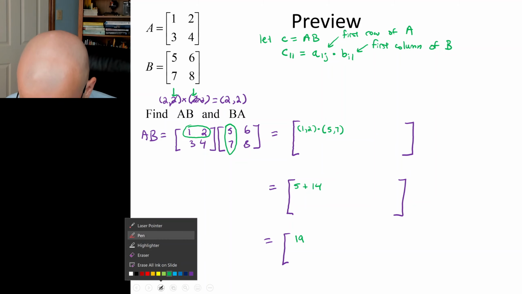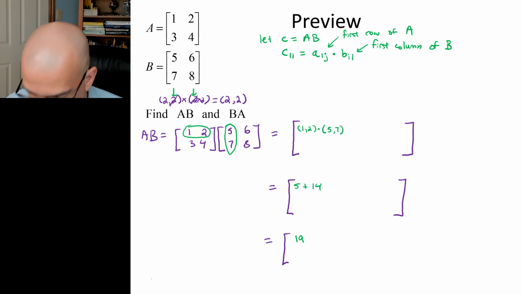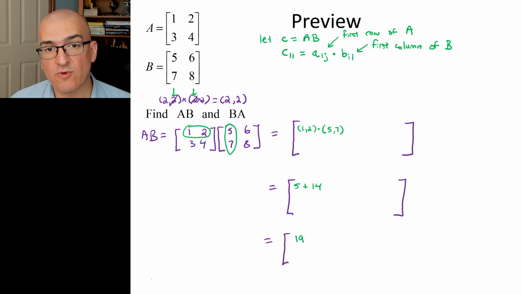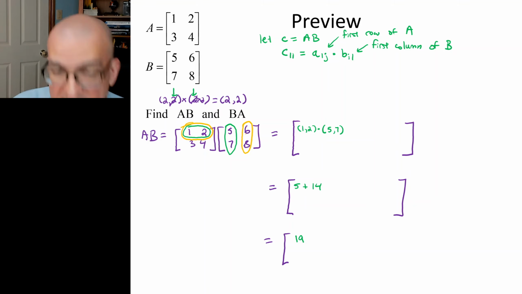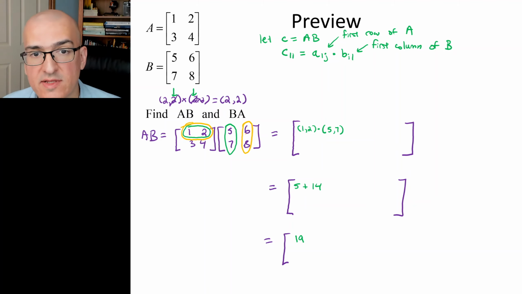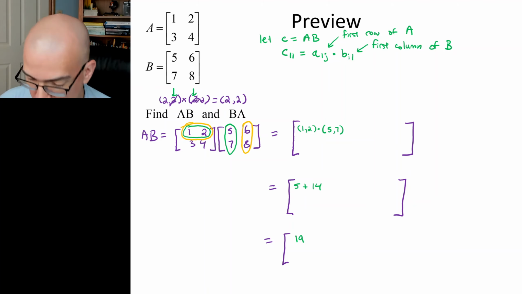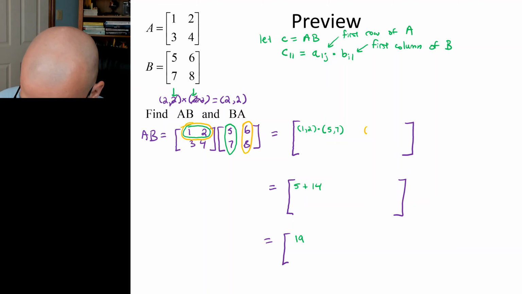Now the second element, get another color. I'm going to take that first row, circle it, and now I'm going to take the dot product of that with the second column in that second matrix B. And I'm going to put that at the top right. 1, 2, dot 6, 8.